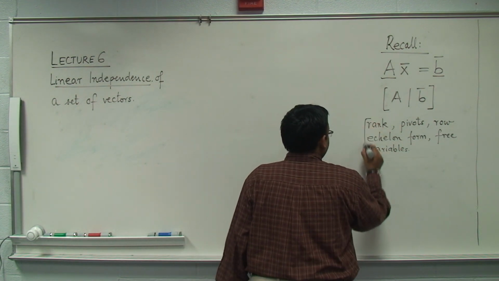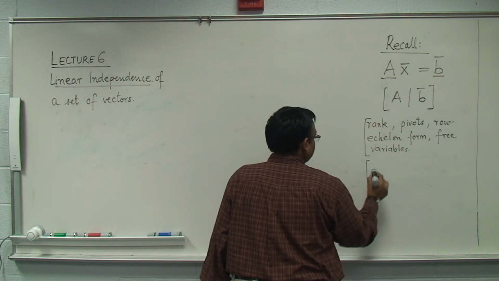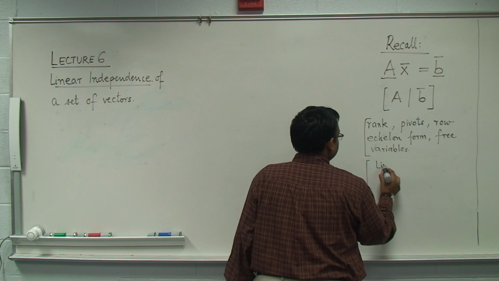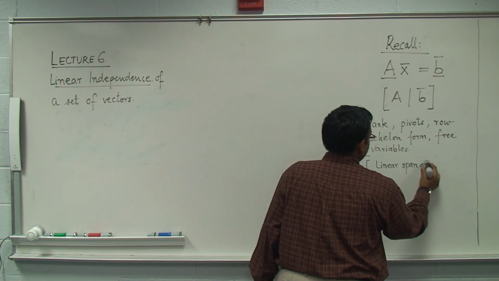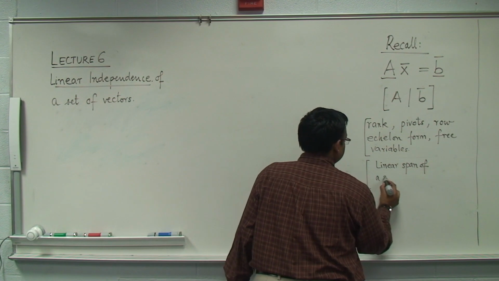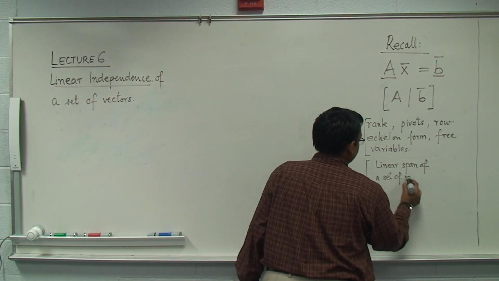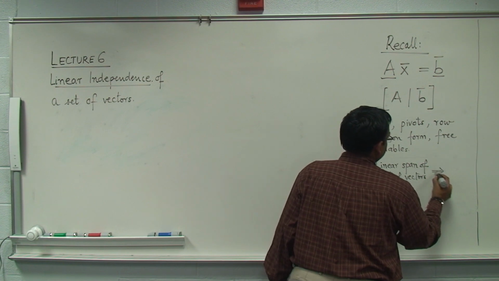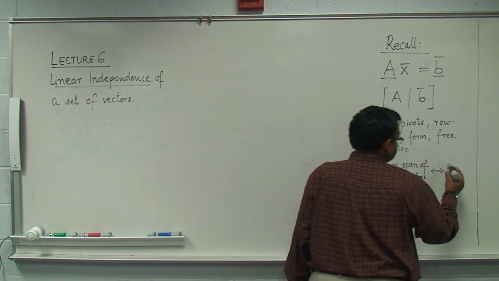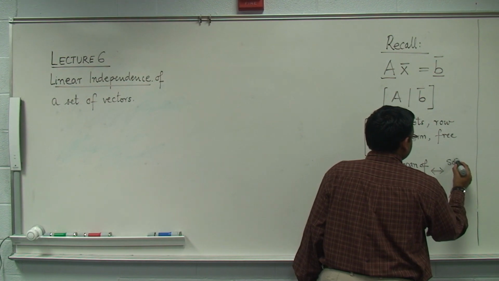So once we did all of these things, then we went on to something we called the linear span of a set of vectors. And somehow we were able to tie this up with solving a system of equations.